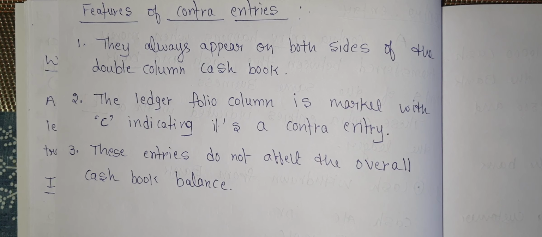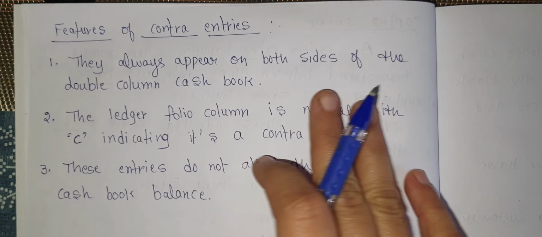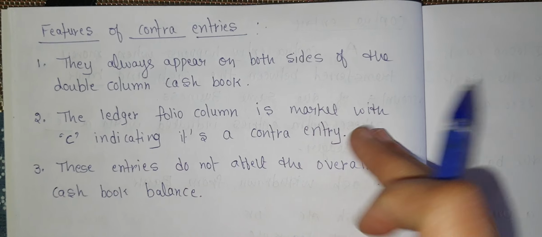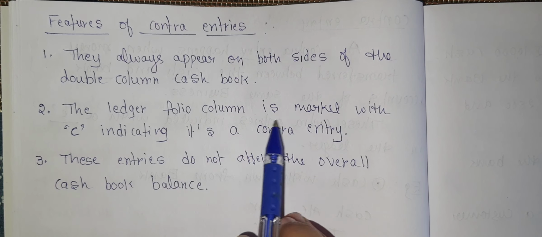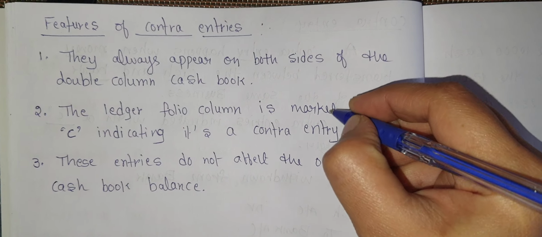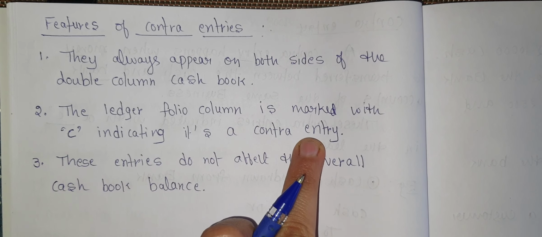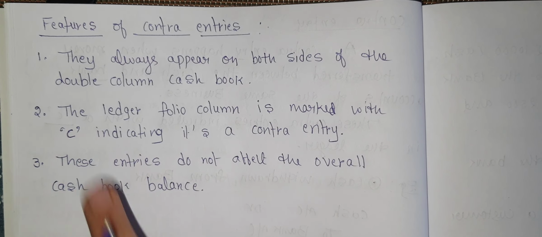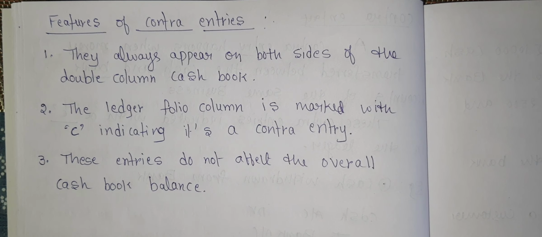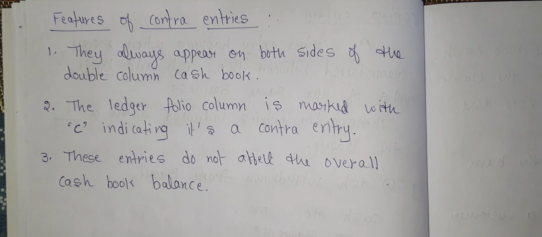Means we have to give the effect to both sides of the double column cash book. And second one, the ledger folio column is marked with C, indicating it is a contra entry. If there is C in the ledger folio, it shows it is a contra entry.